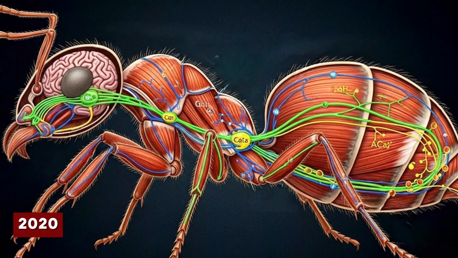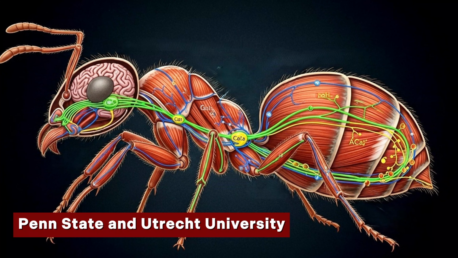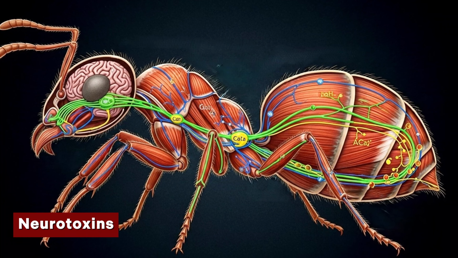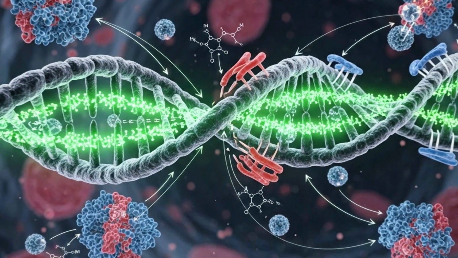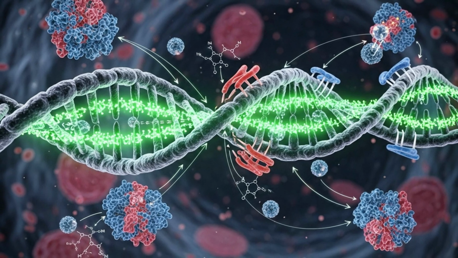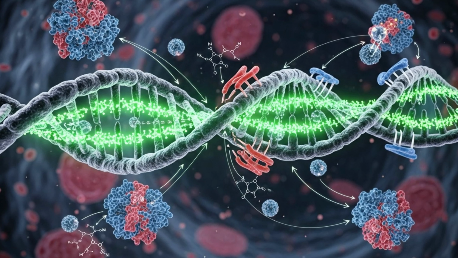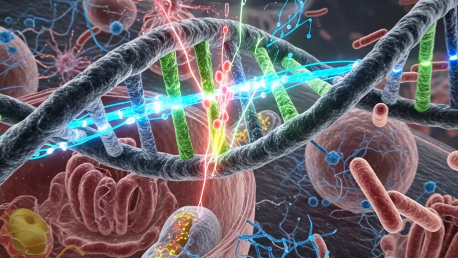In 2020, scientists from Penn State and Utrecht University discovered that Ophiocordyceps releases neurotoxins targeting the ant's muscles, not its brain. These compounds mimic natural neurotransmitters, letting the fungus literally move the ant's limbs. Genetic analysis revealed a cluster of behavioral genes that switch on only during infection.